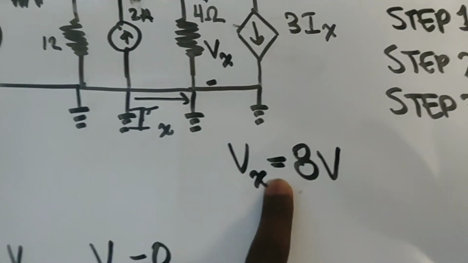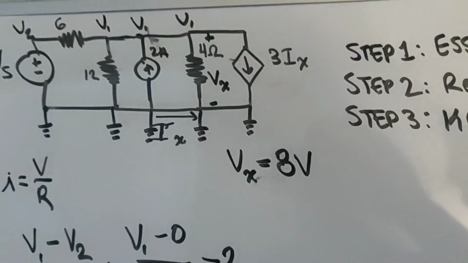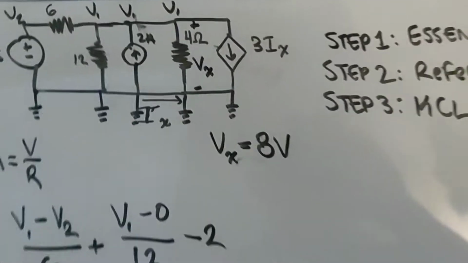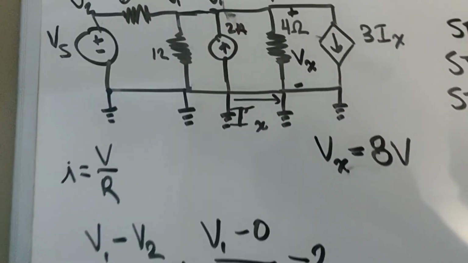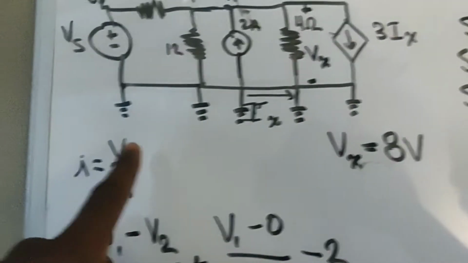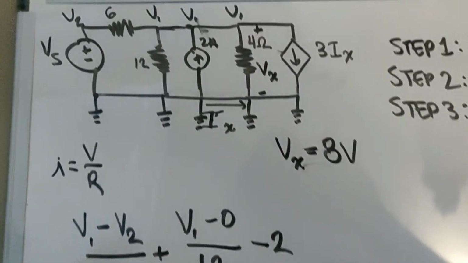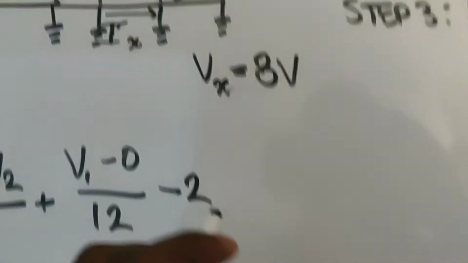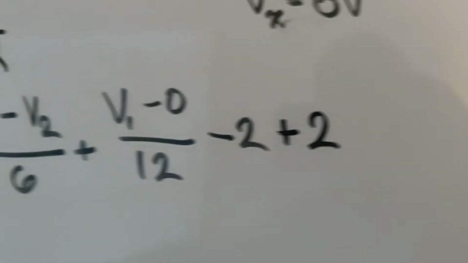I'm sorry if you got a little confused there. Since we know the voltage in that branch and we also know the resistance, V divided by R is going to give us the current. So we don't need to do this extra equation. We can just write the current. 8 divided by 4 is going to be 2. So that's going to be our next current in our equation.